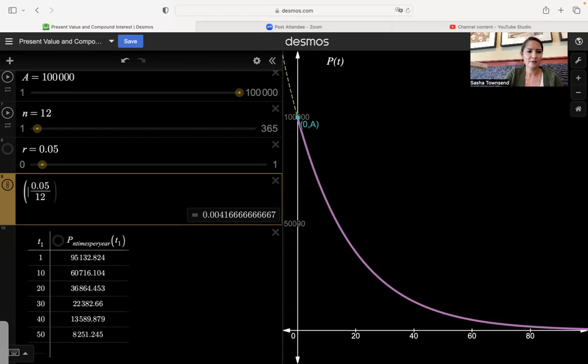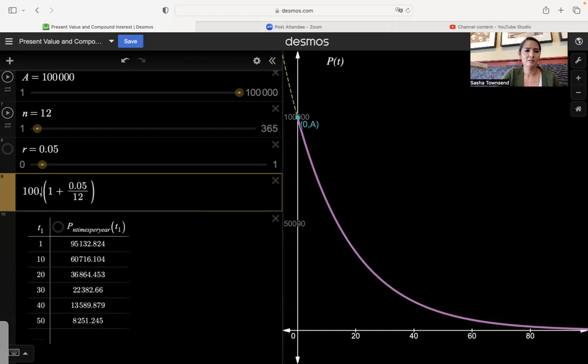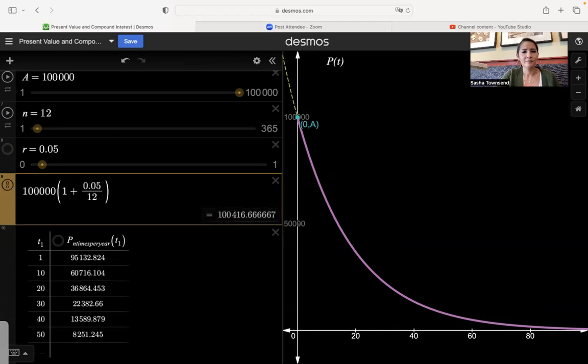So now if I take 1 plus that, and I multiply that by 100,000, after the first month, oops, it should be -1. I'll take that 100,000 and then multiply by this, and then raise that to the negative n times t.